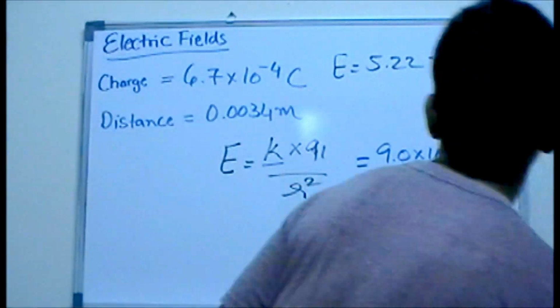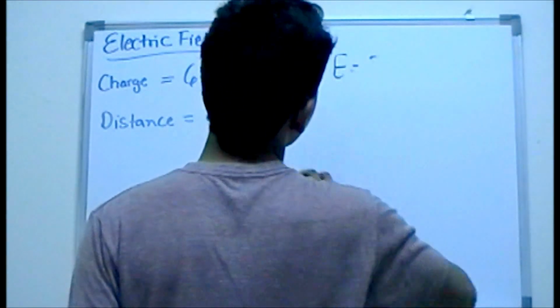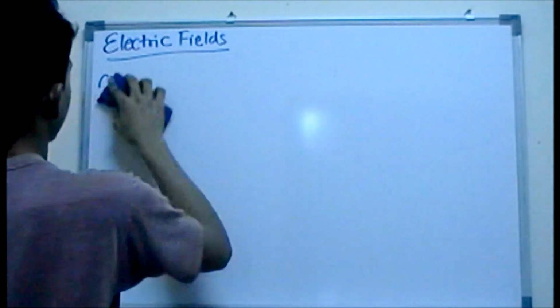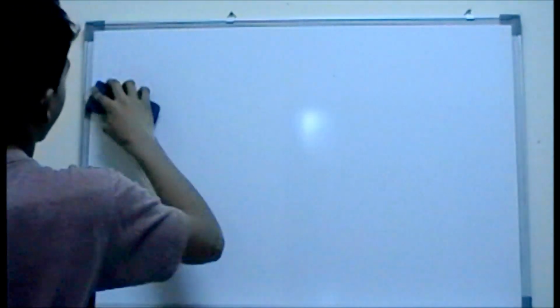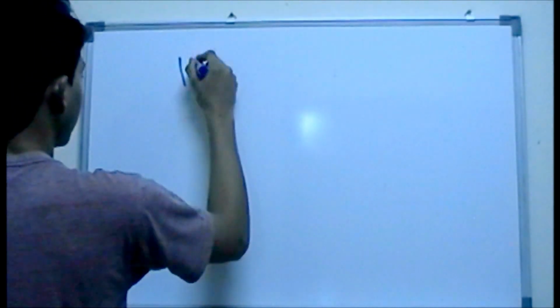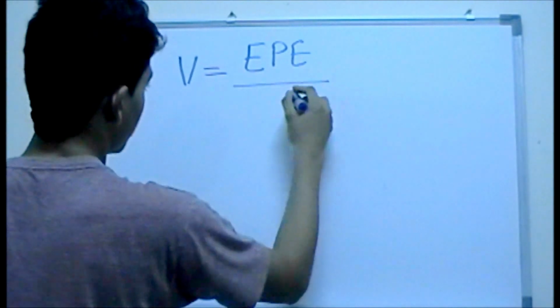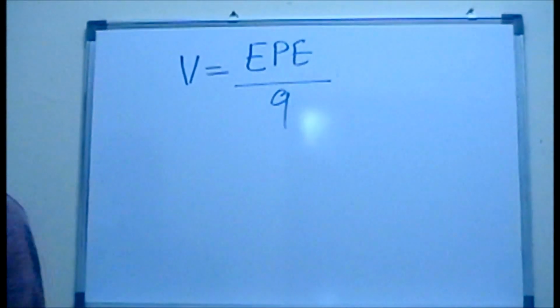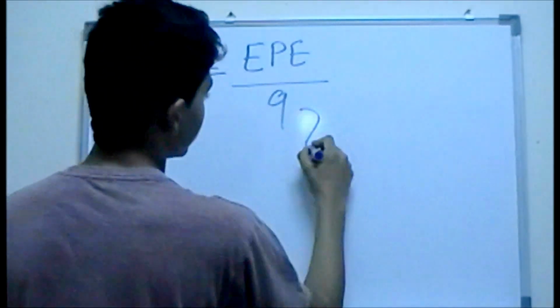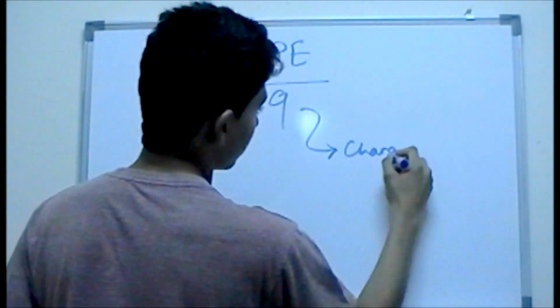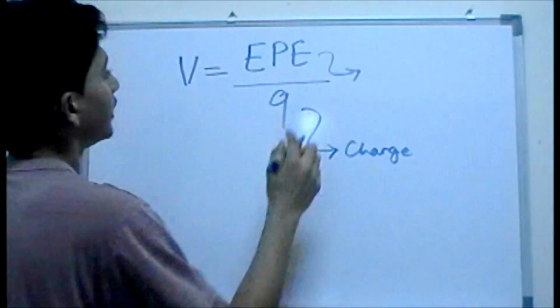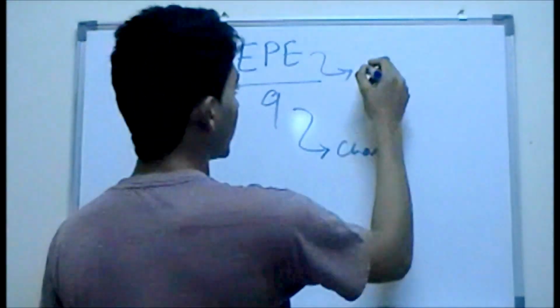The symbol for electric potential is V. V is equal to the electric potential energy divided by Q. Q we know is the charge, and EPE represents electric potential energy.